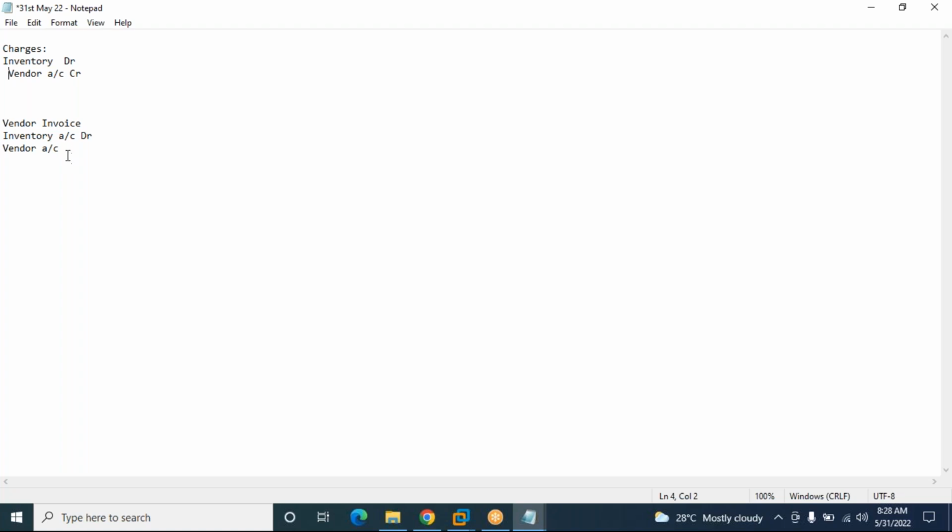If the transportation is not provided by the vendor, say it is Agarwal Transports, then we don't have a vendor account.